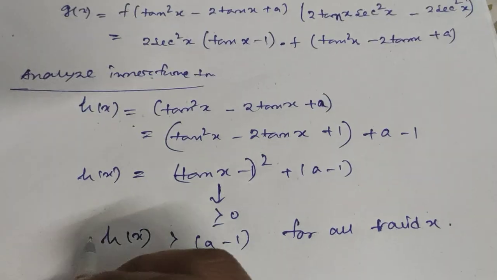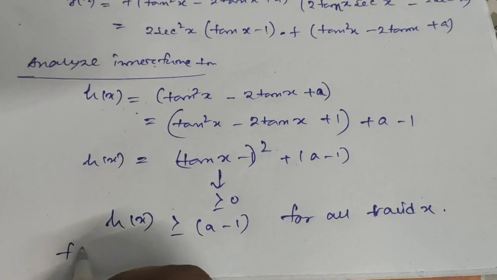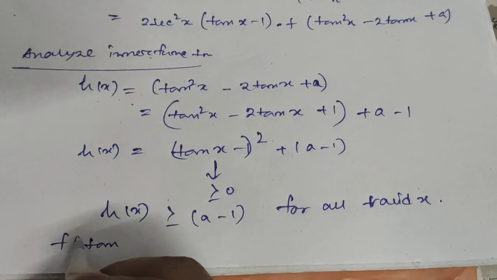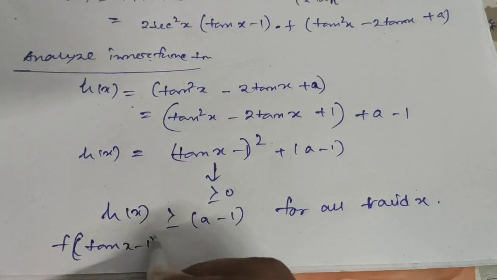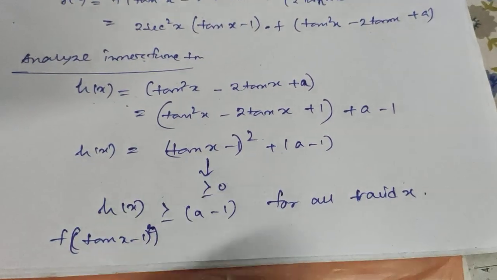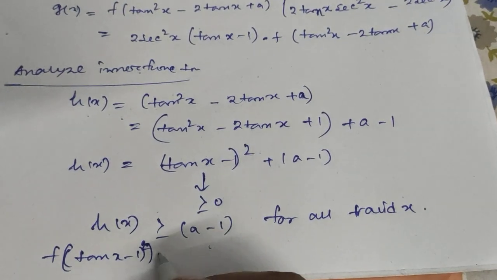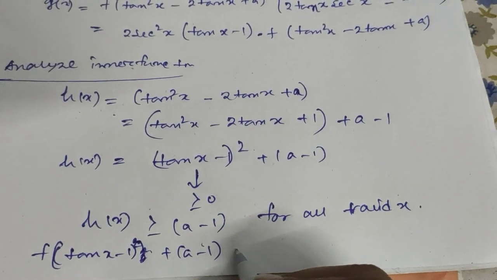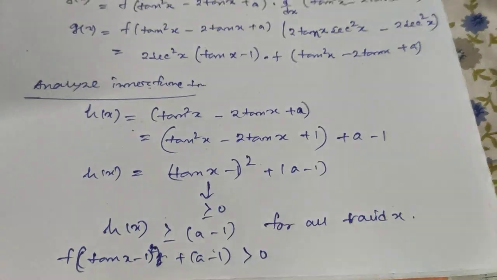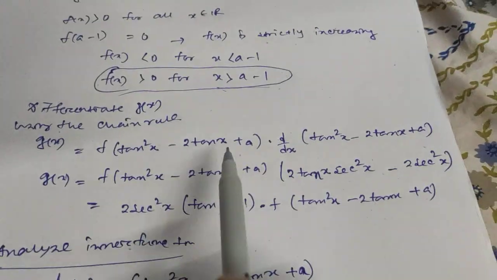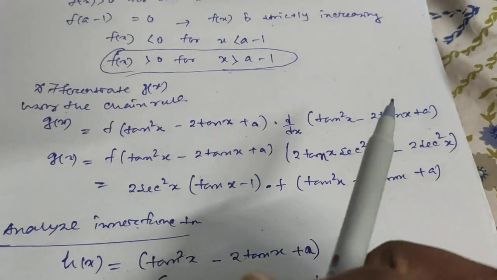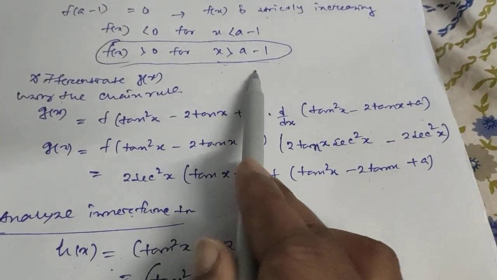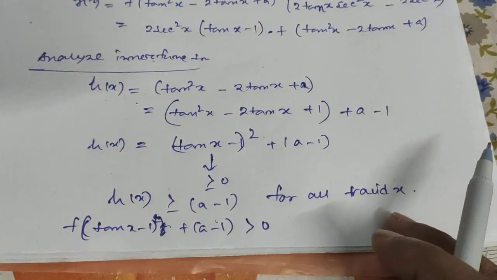Now we can write that f of (tan x minus 1) whole square plus a minus 1 is greater than 0. Clear? See, f(x) greater than 0 for x greater than a minus 1.